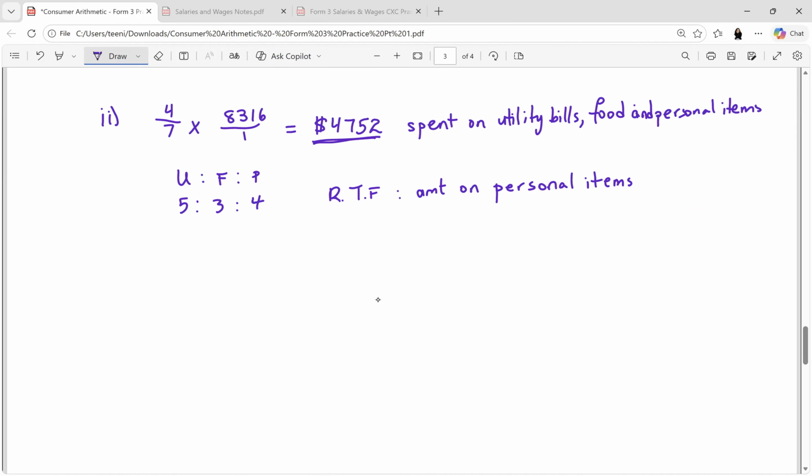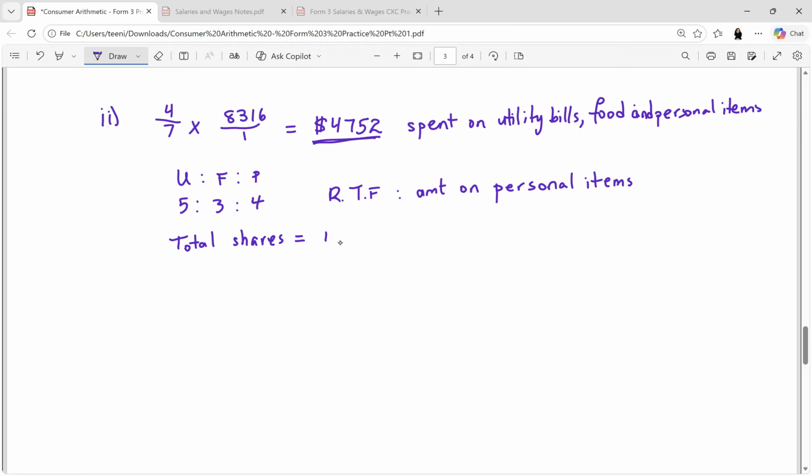That's just right. Great. Tell me then, what will be the total shares? It would be the 4,752. Right. And then how would I find out the denominator for the fraction of personal items? 5 plus 3 plus 4. That's right. How much is that? 12.